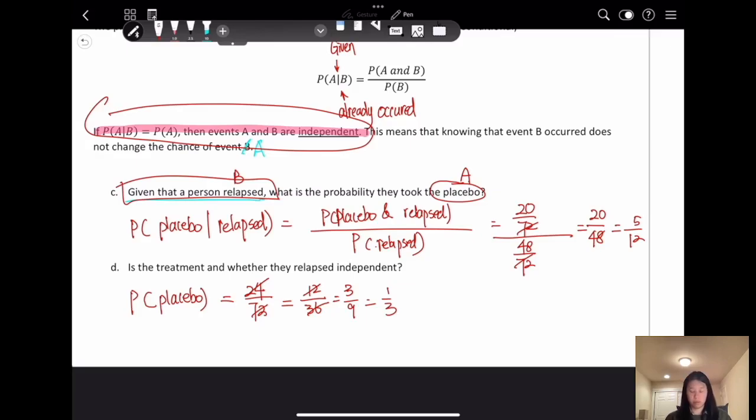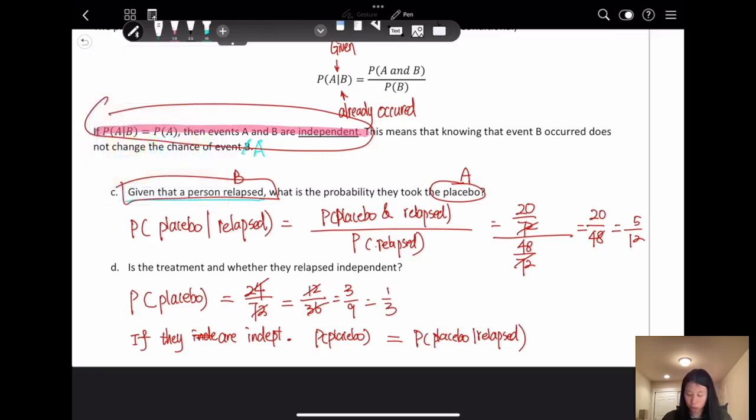Okay, so now if they are independent, then the probability of placebo has to equal the probability of people given placebo given they relapse. Right? That's the condition. But now take a look.